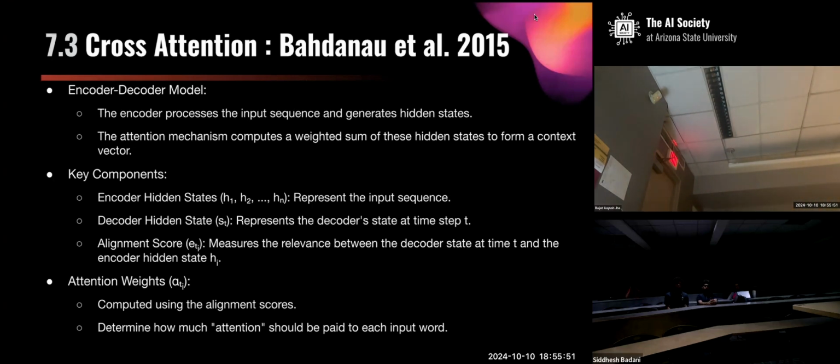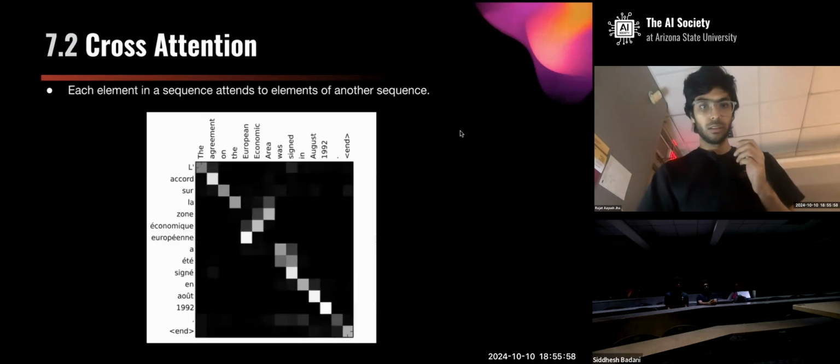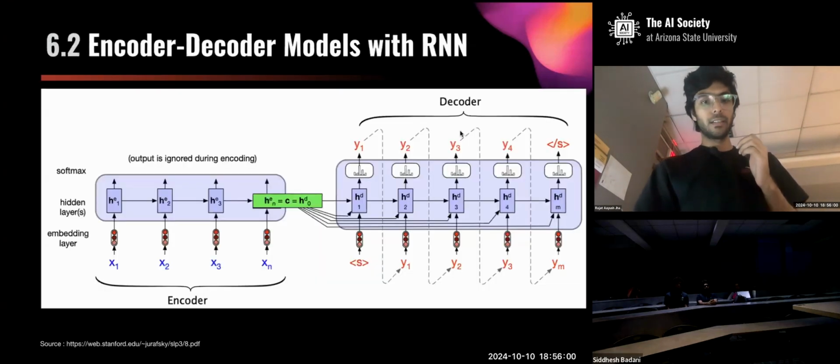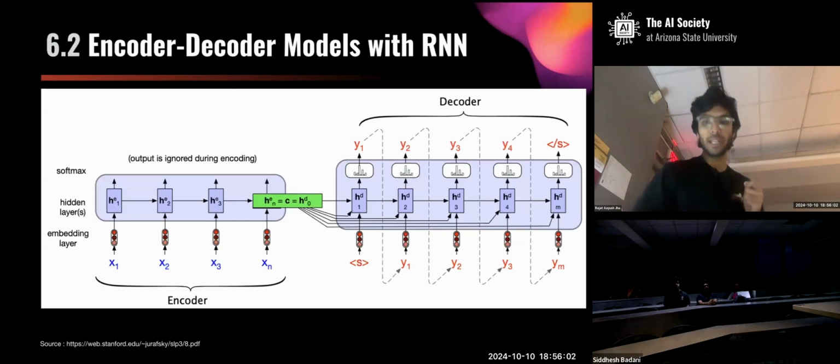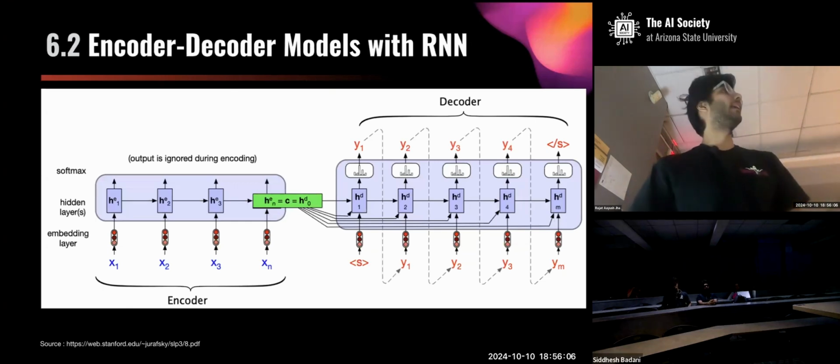For example, as I showed in the encoder decoder sequence, let's say for decoding y2, it needs the encoder state x3.